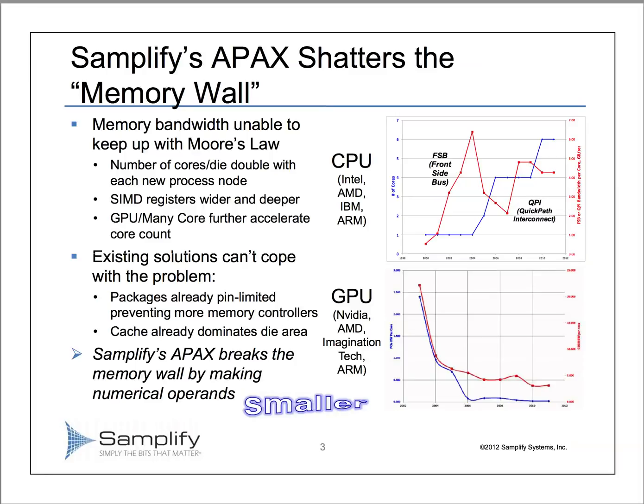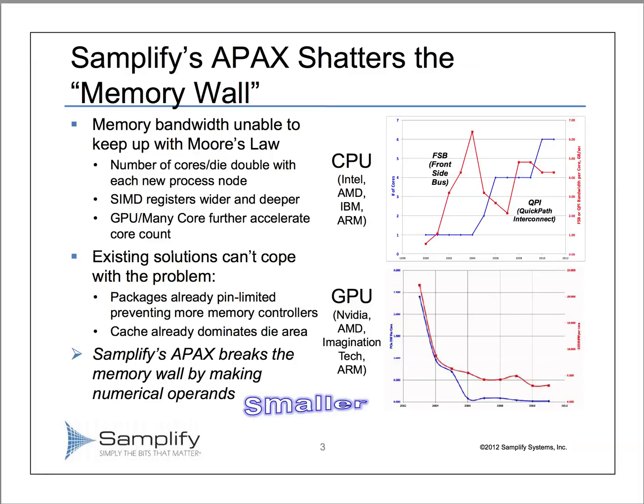What we see here on slide 3 is a plot of the number of cores for Intel CPUs in blue. And what you see is even though the number of cores has been increasing, the bandwidth, either on the front side bus or through QPI, has stayed flat with each successive iteration. That story gets worse when we talk about GPUs.